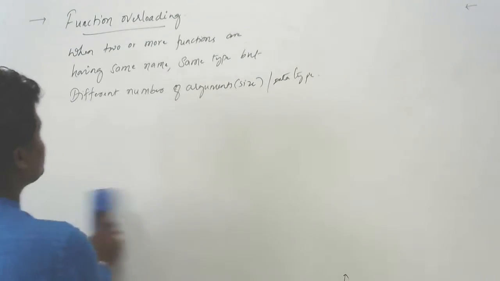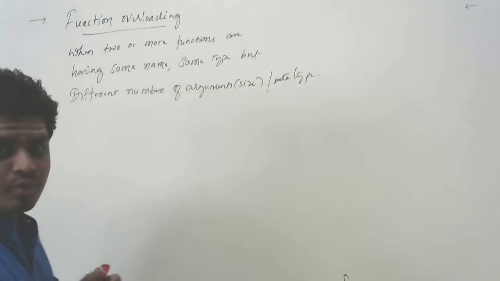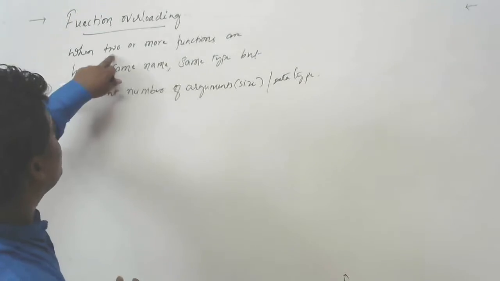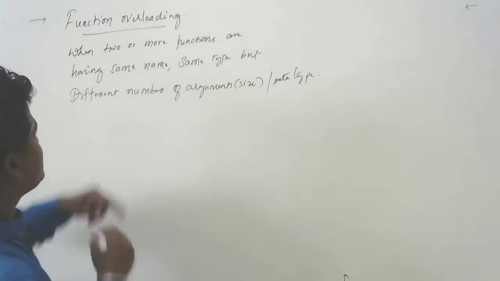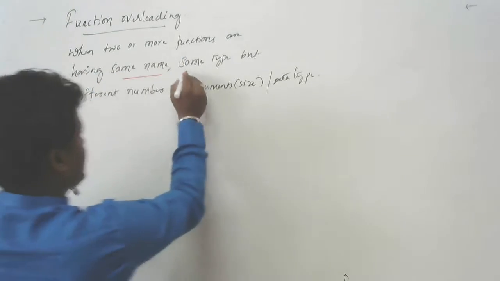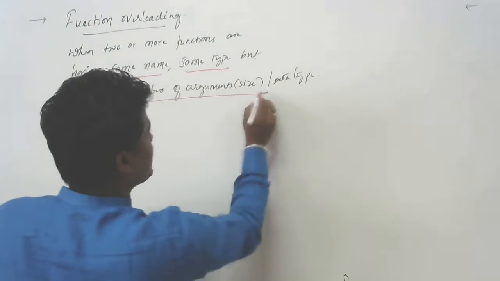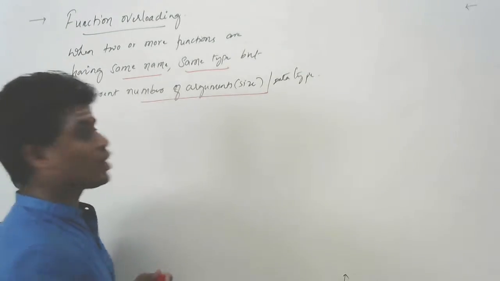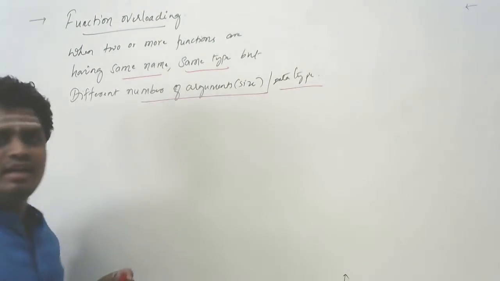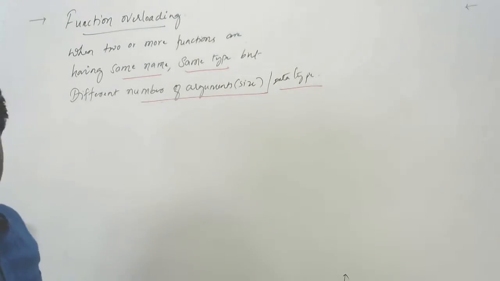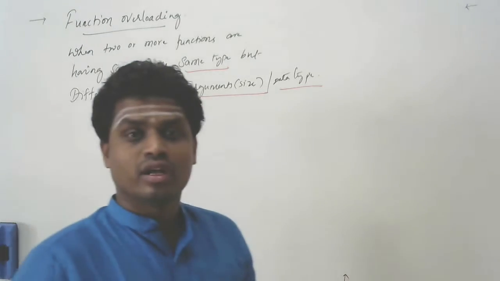What exactly is the meaning of function overloading? In your program, you will have two or more functions with the same name and the same type, but the argument sizes are different or the argument data types are different. That process is said to be function overloading.